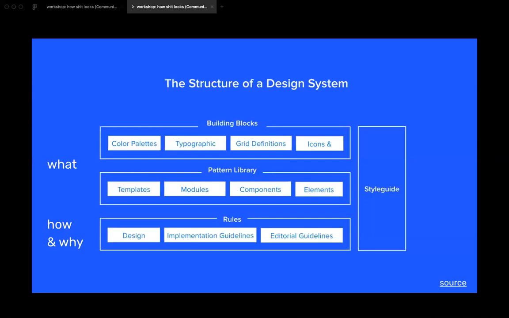So now that you guys hopefully have a good idea of what components and design patterns are, and if you don't, again, feel free to ask in the chat. That's what it's here for, or unmute and ask. I want to go into the structure of a design system. So essentially, you can break down a design system into the what and the how and the why.